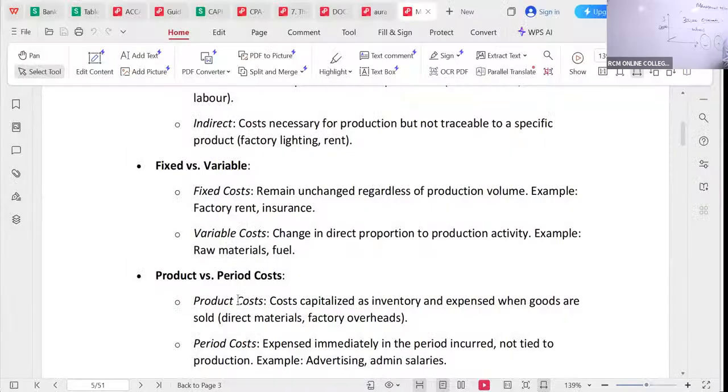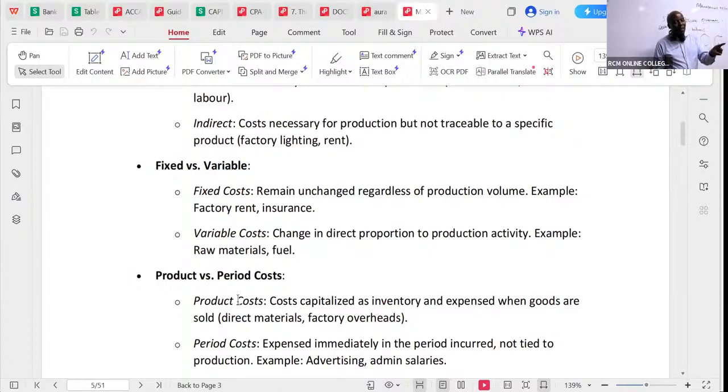This one is quite a tough one. Many students are not able to differentiate between product and period costs. So period costs are never tied to inventories. Periodic costs are never tied to what we produce as a company. They are always tied to time. So periodic costs are time-based.